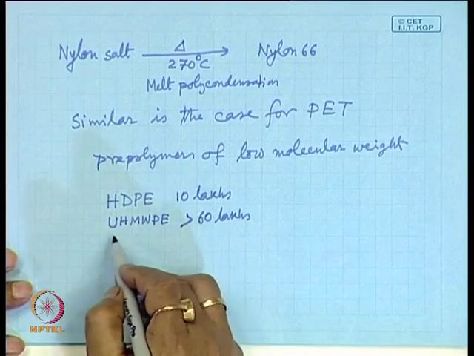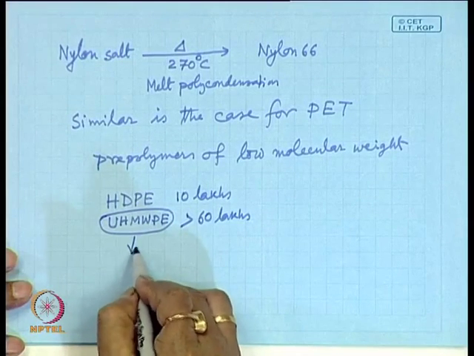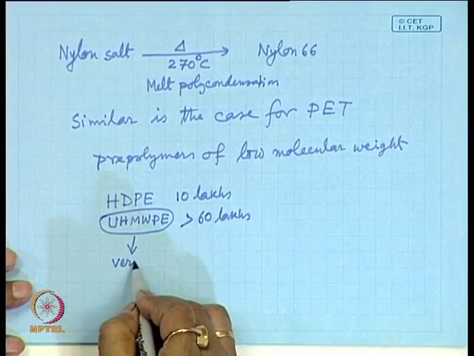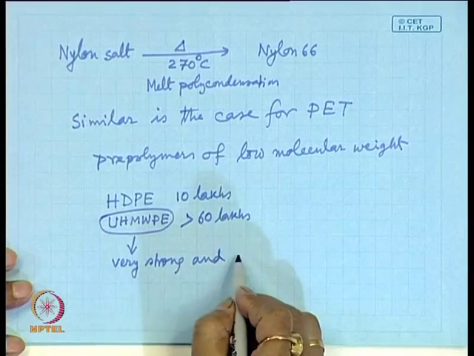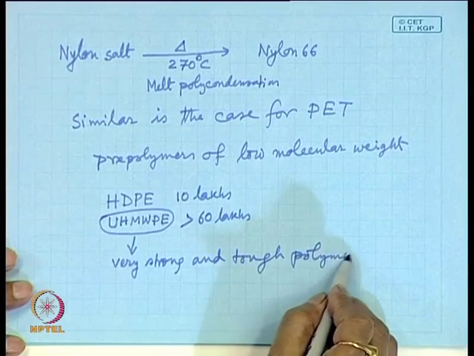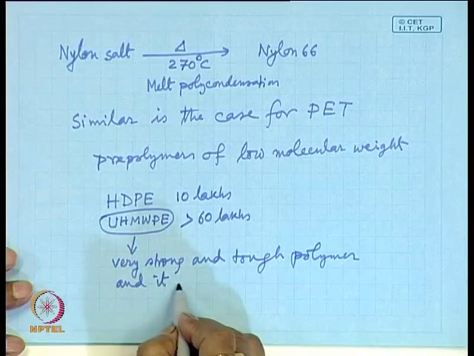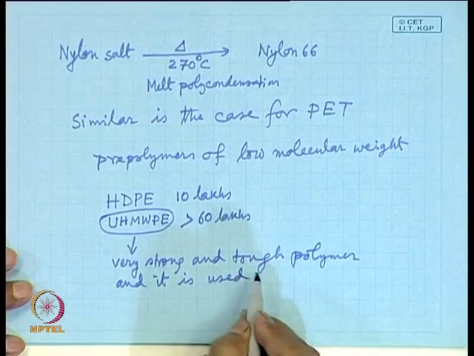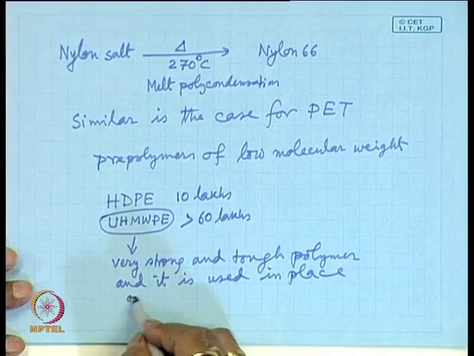Now, this ultra high molecular weight polyethylene is a very strong and tough polymer, and it is used in place of metals.